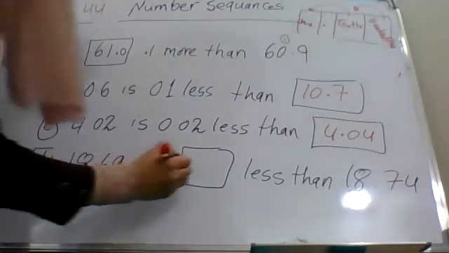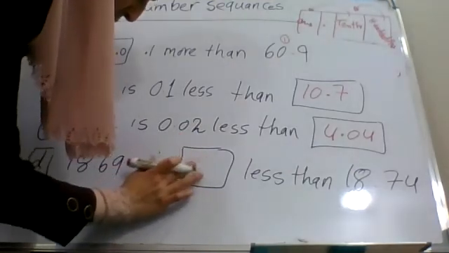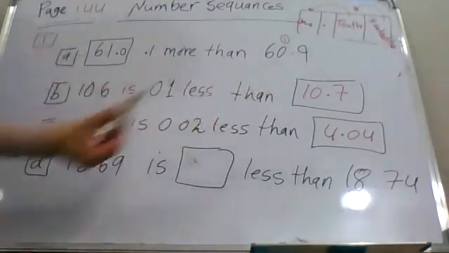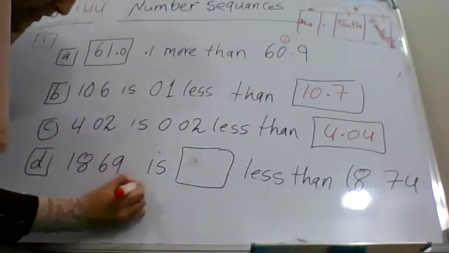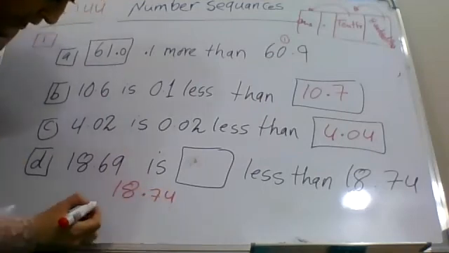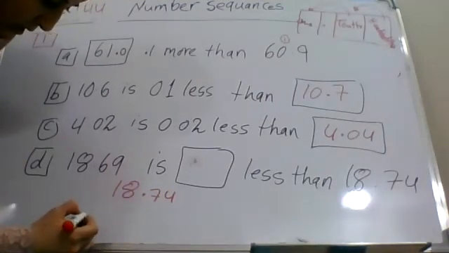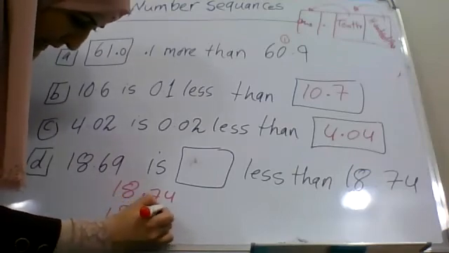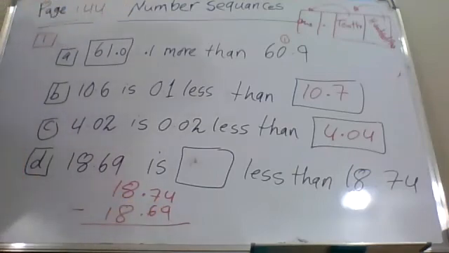Now 18 is going to be the same. So we need to subtract this number from this number. So I say 18.74, we have 18.69. We need to subtract it, okay?